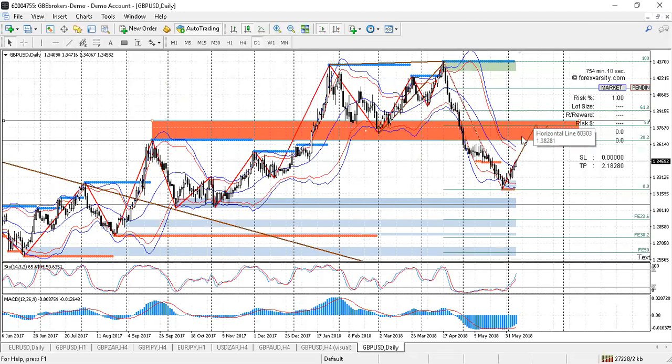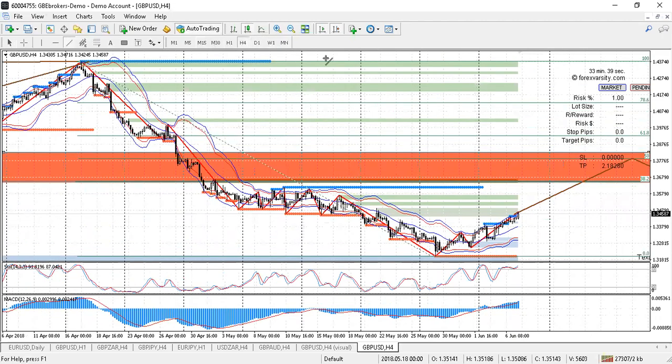So this is what we're presuming that the price might do. And it doesn't mean to say, guys, that you have to take the trade on the daily. But if you know that it's likely to change direction at this point, and it's likely to go at least down to our target point, then what you would want to be doing is zooming in on the 4-hourly chart. Once it gets to your daily sell zone, go to the 4-hourly now.